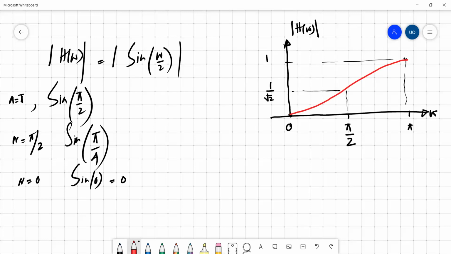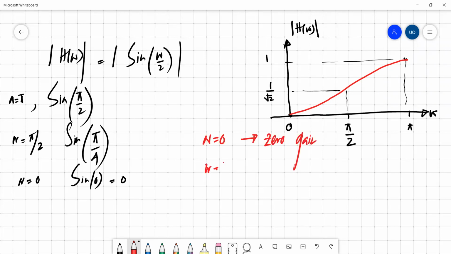This is the response. It may be convex or concave, that doesn't matter for what I want to show. When omega equals 0, it has a 0 gain.